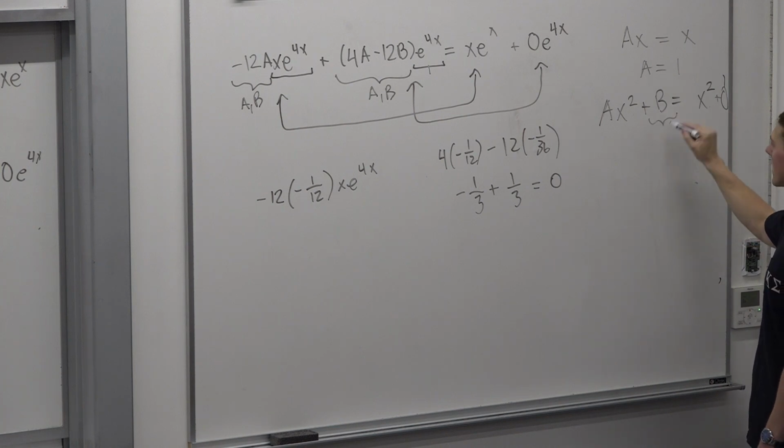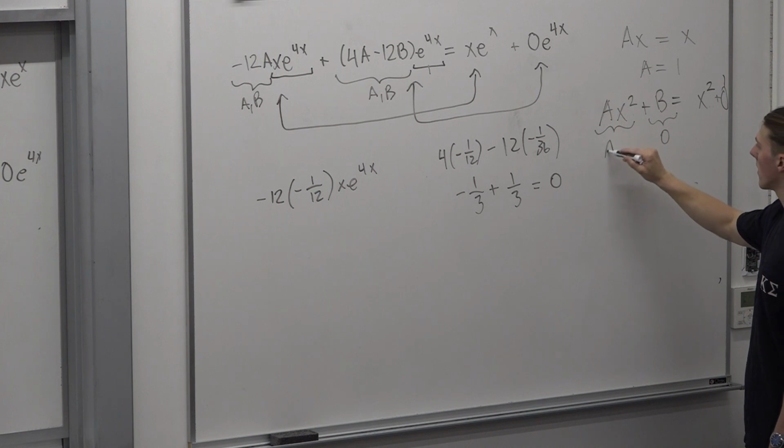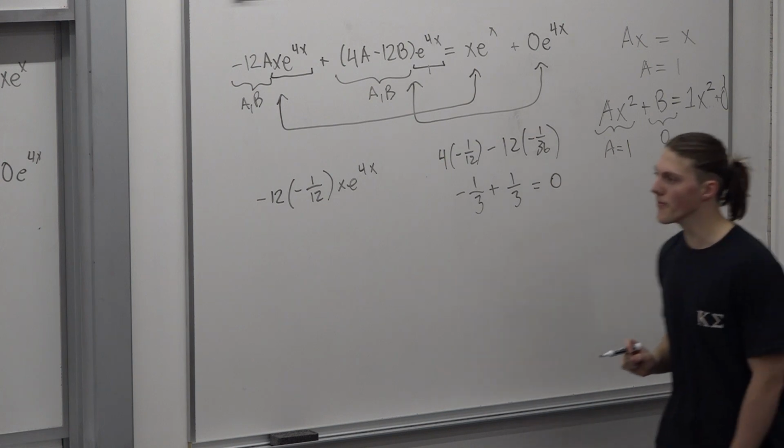So we know that this b can just equal 0, and this is the only term that we're really concerned about. And here, in this case, a equals 1, because there's just a coefficient of 1 in front of the x squared term.